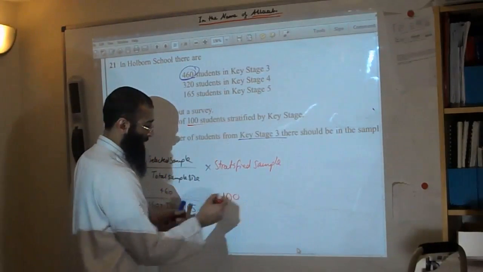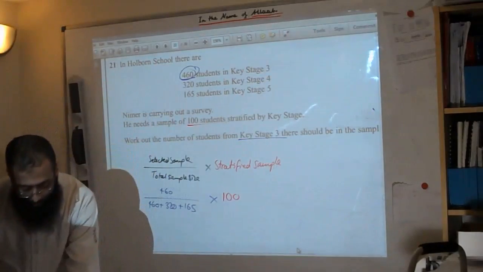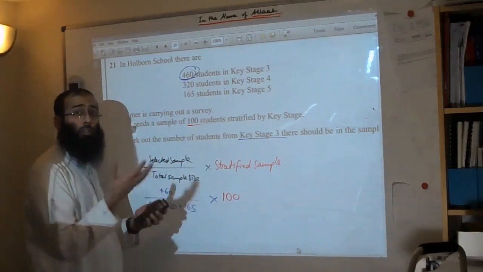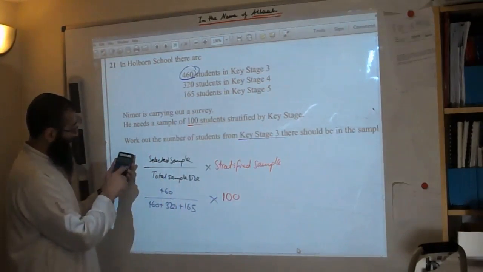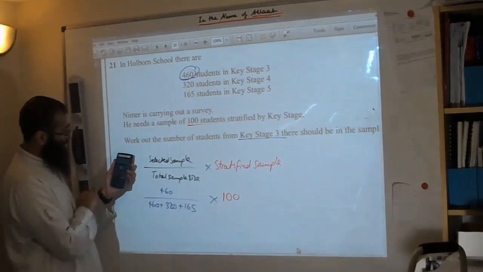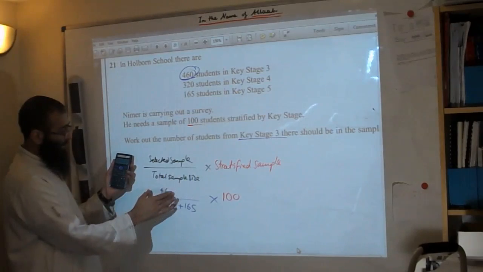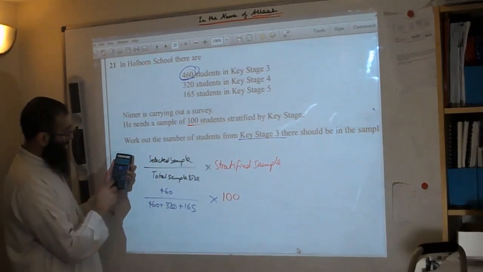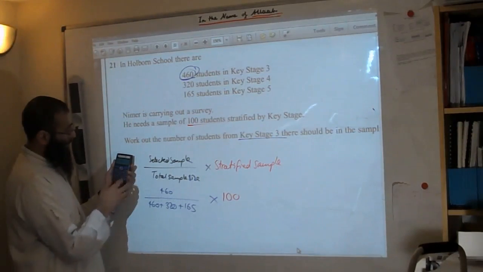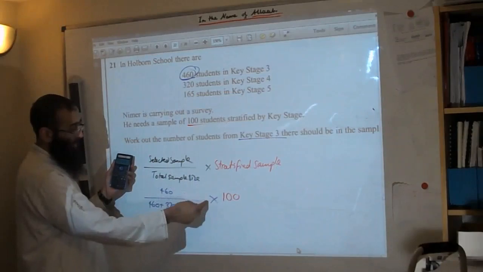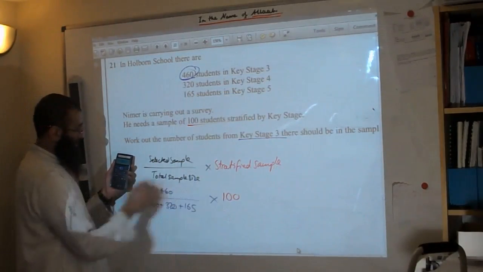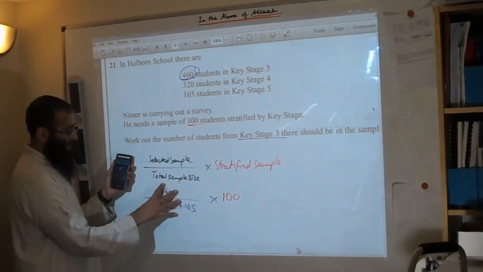Now that we've got all the numbers in the right place, what we need to do is put it in the calculator. So we start off with the fraction button and put the top, 460, replay, bring the cursor down to the bottom, type in 460, add 320, add 165, replay back up, that brings the cursor back over here, times 100.